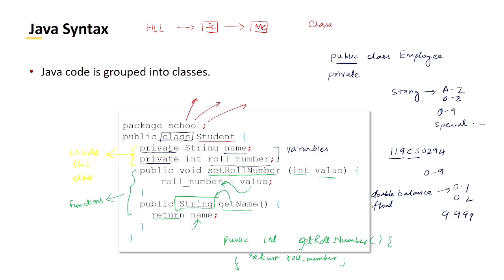We have discussed data types, variables, functions, the return type, the return keyword, and void. All this might sound like too much information, but believe me, you'll get the hang of it very easily. So this was an overview about the Java syntax, and I hope you enjoyed this video. Stay connected for future videos.